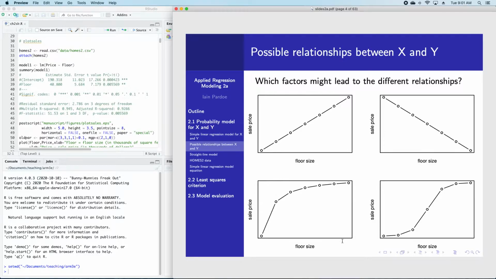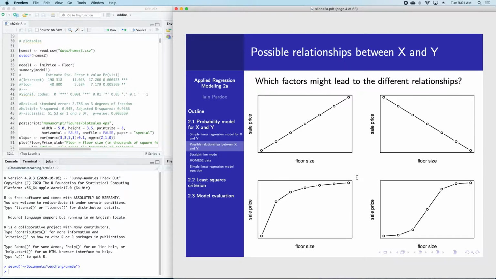So for large houses, changes in floor size don't really change the sale price much. And then finally this one in the bottom right, for small houses, there's not much of an impact on the sale price, a bit of an increase as floor size goes up, but then there's a big jump, and then another big jump for medium-sized houses, and then there's less of an effect for large houses again.